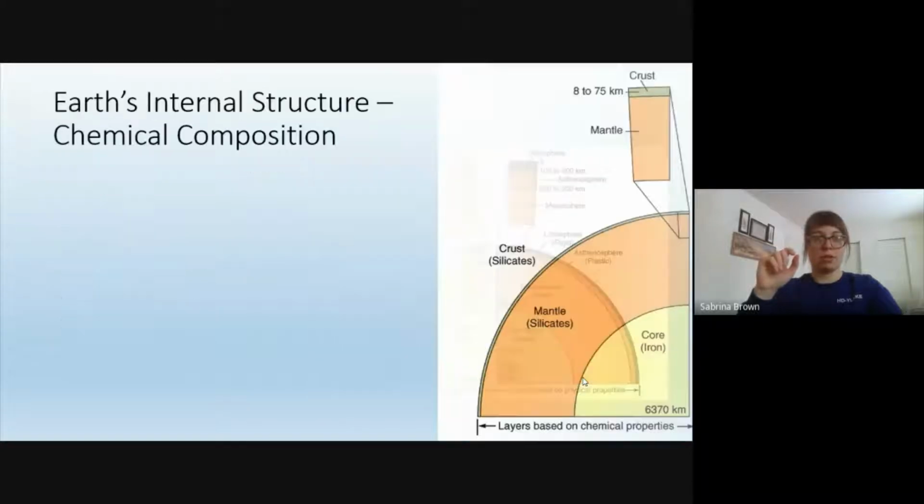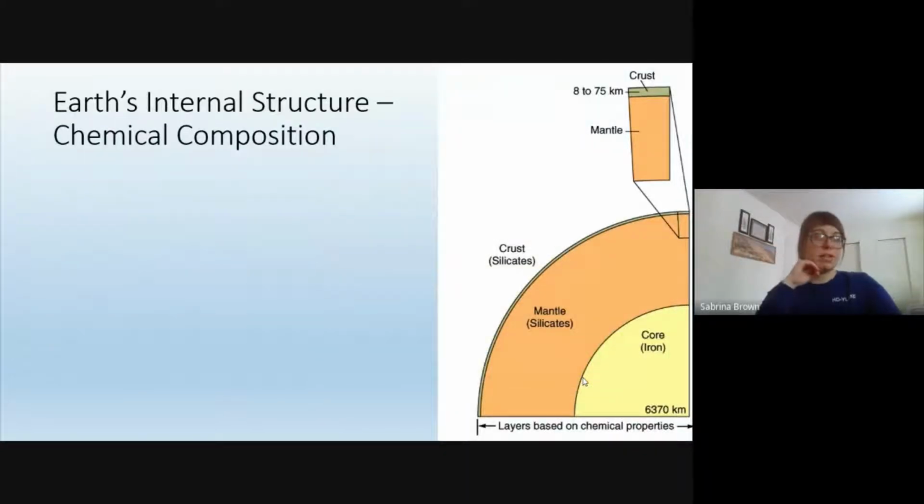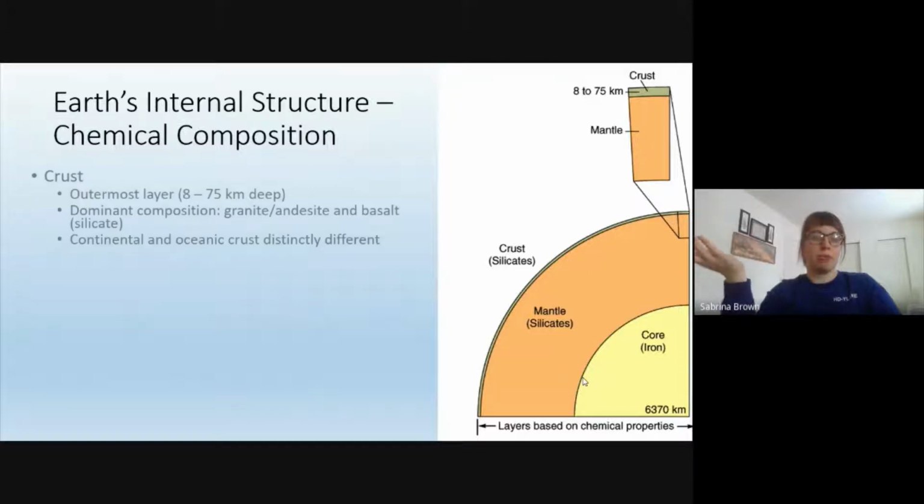And so specifically, let's think a little more about this chemical composition, right? So again, dividing the Earth into layers based on the chemicals that the rocks there are made up of. So our crust is our outermost layer. So up to about 75 kilometers depth in the Earth.